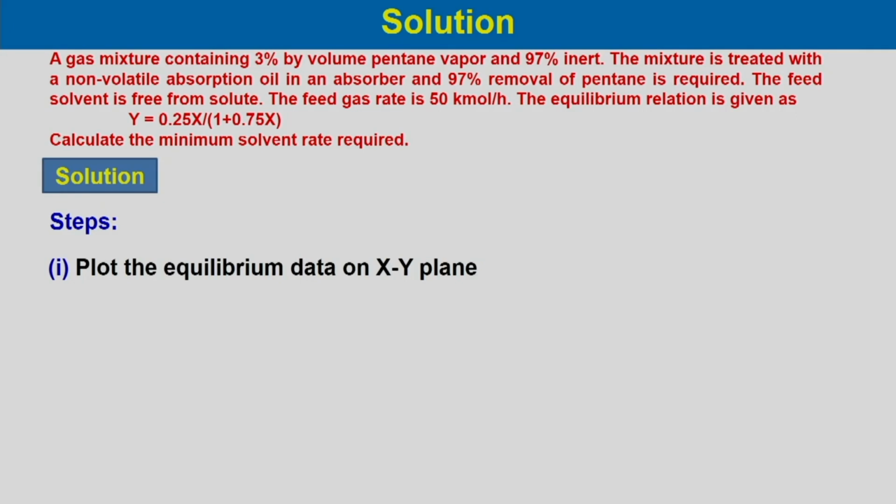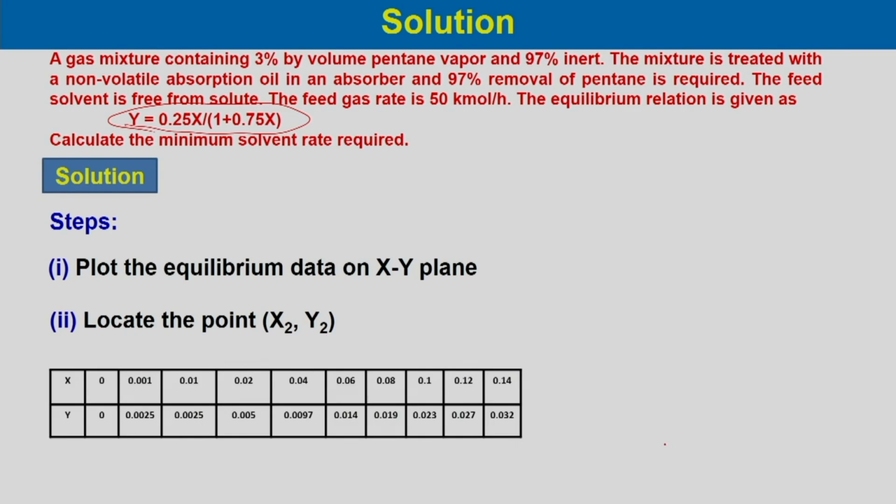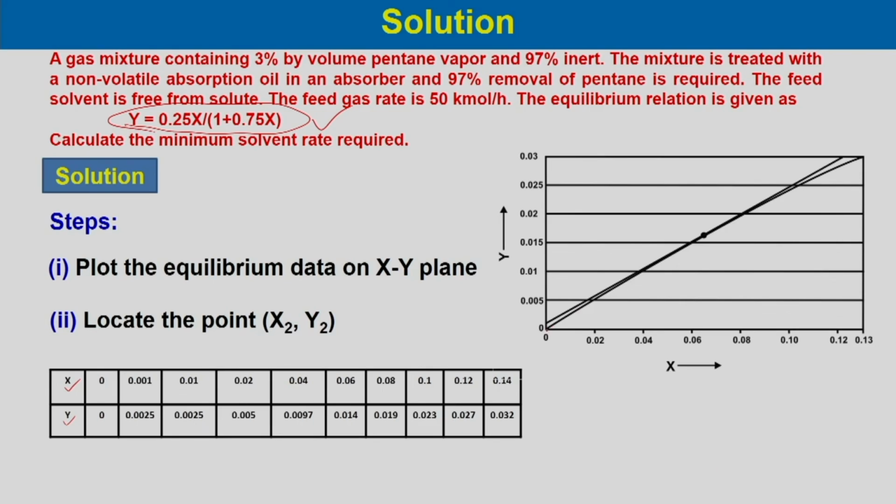Now, what we need to do with the equations given for the equilibrium relations. So, we can draw the xy plane, the equilibrium curve, and then locate the point capital X2 Y2. So, these are the data which we can calculate from this equilibrium relation, capital X and capital Y. So, this is equilibrium data and then if we plot, this is the equilibrium line.